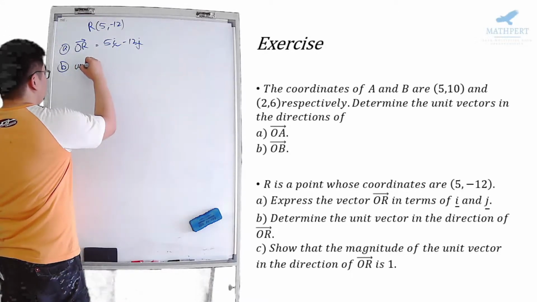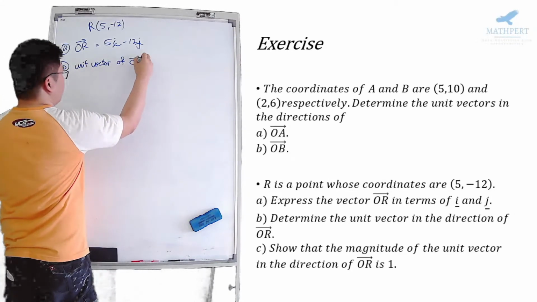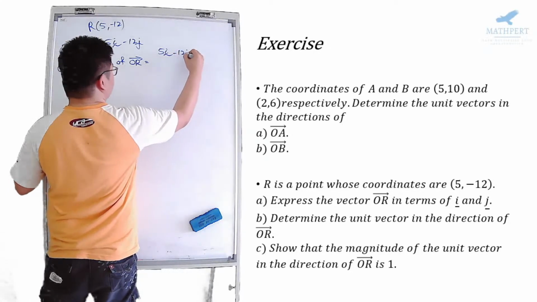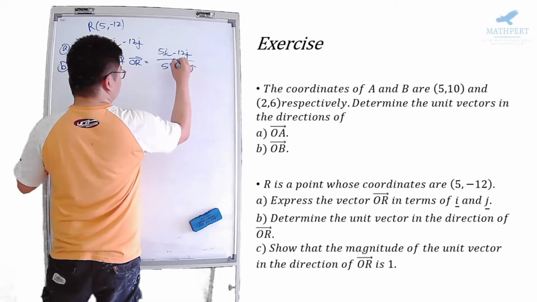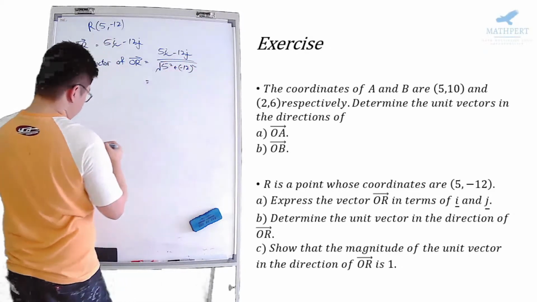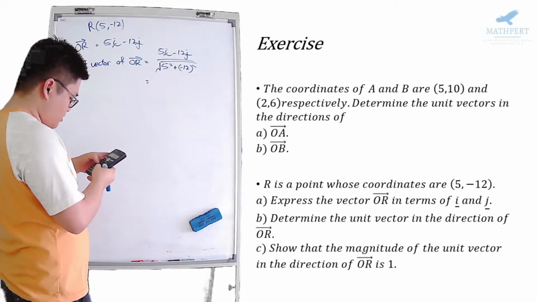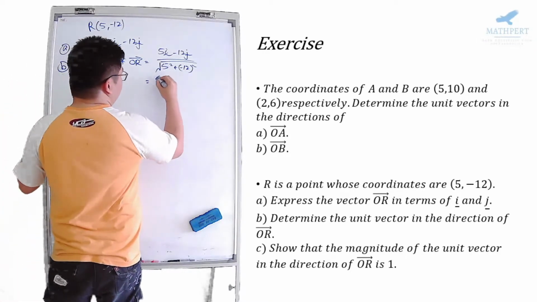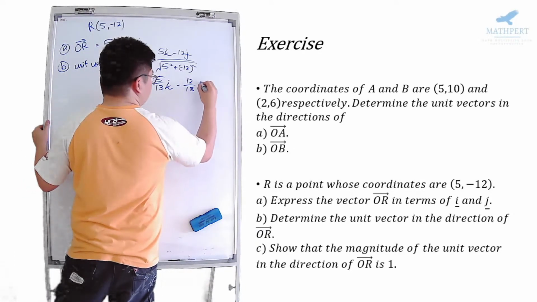So the unit vector of OR is 5i minus 12j over the square root of 5 squared plus negative 12 squared. I'll get 13 over here, so 5 over 13i minus 12 over 13j.